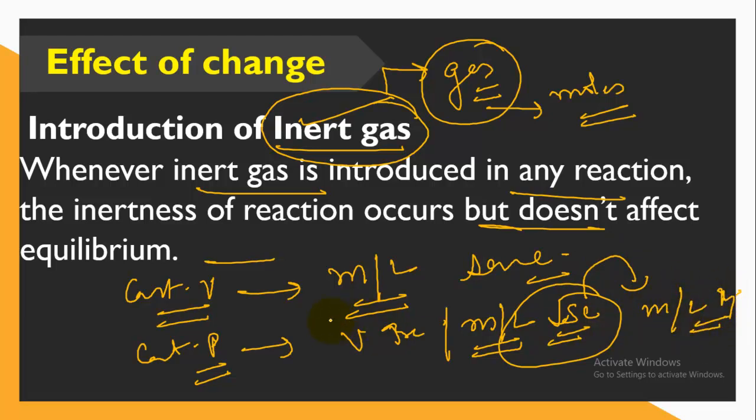So this is the effect of introduction of inert gas. When it is introduced at constant volume, it has no effect on the equilibrium, but if it is introduced at constant pressure, it affects the volume, due to which the reaction is subjected to a stress and shifts to a particular side, whether it be the reactant side or the product side.